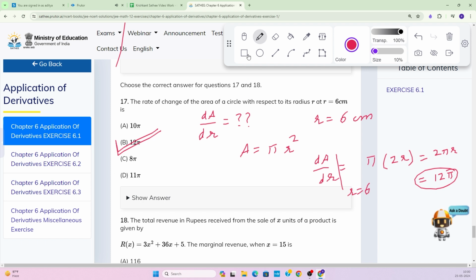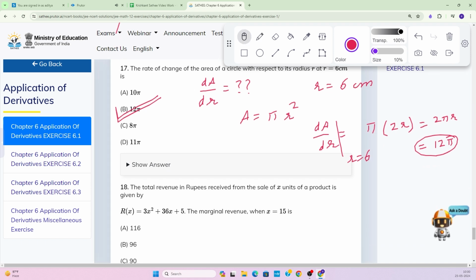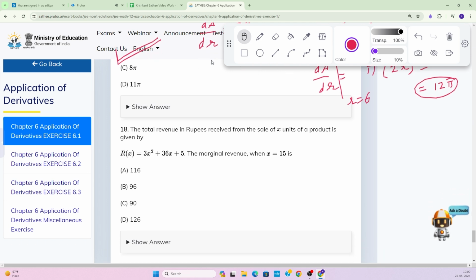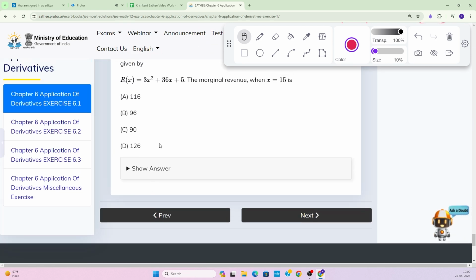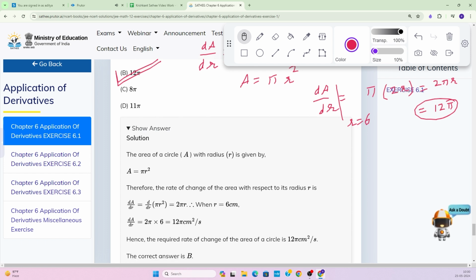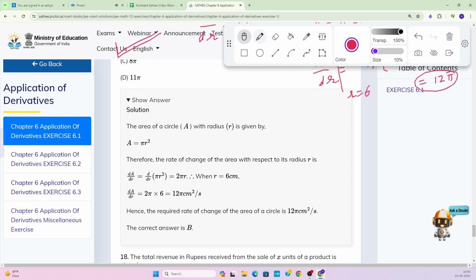So let us see, option B. As we know, area of circle is denoted by A and radius denoted by r. This means area will be pi r square. The rate of change of area with respect to r you have to find.